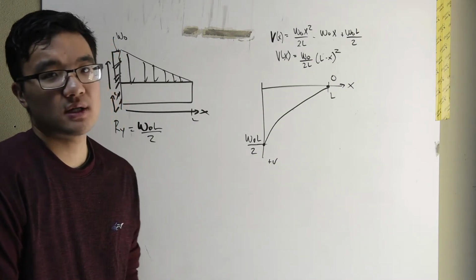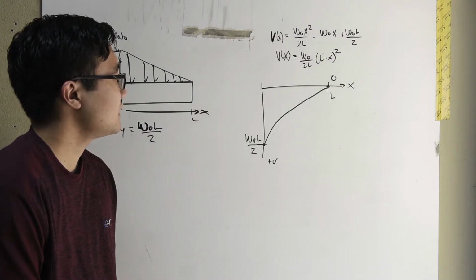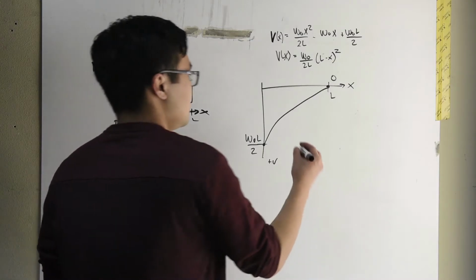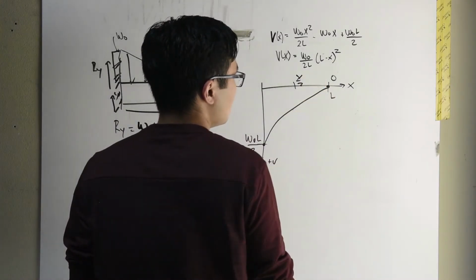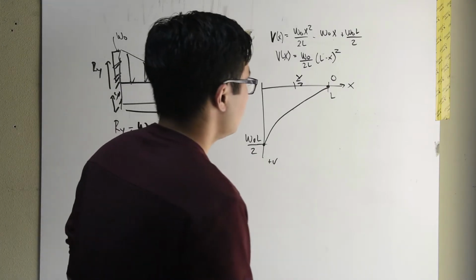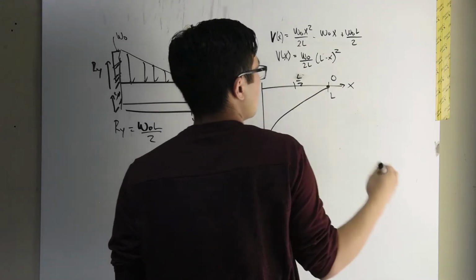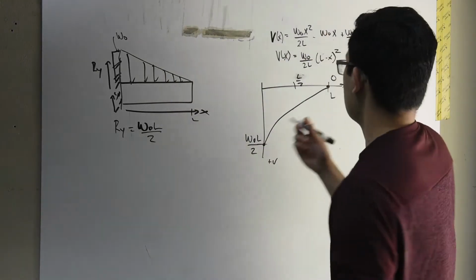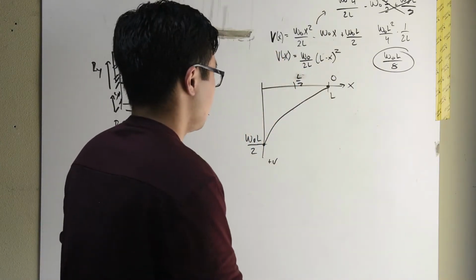Now, if you really want to prove this function, you can solve for one more point, typically at x over 2. So that's going to be L over 2. And we can plug that in anywhere here. Okay, W naught L over 8.